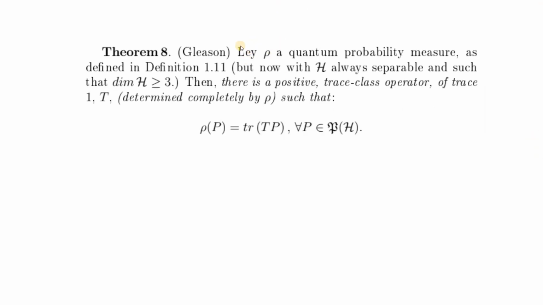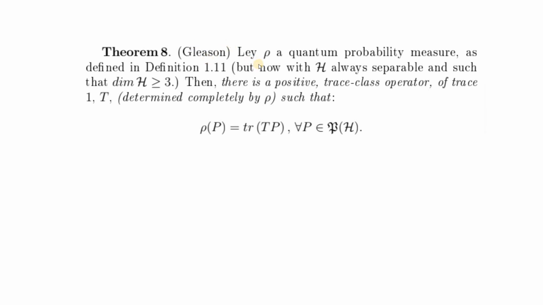And this is the key theorem, which is called Gleason's theorem. If you have a quantum probability measure, then there is always a positive trace class operator T of trace 1, which is completely determined by the quantum measure, such that the probability of a projector can be calculated by taking the trace. You can recall from basic quantum theory that these T are called density matrices.